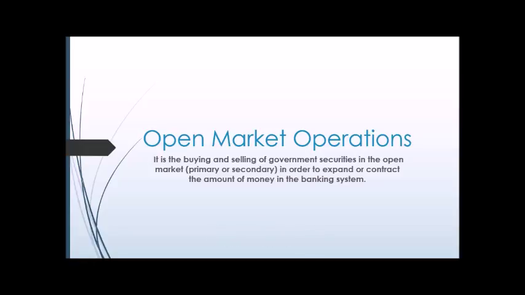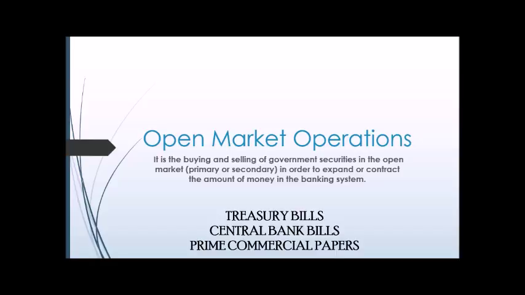Thus, if there is excess liquidity in the system, the central bank will, in a bid to reduce the money supply, sell government securities such as treasury bills. On the other hand, in periods of liquidity shortage, the central bank buys government securities so as to increase money supply. Instruments commonly used for this purpose include treasury bills, central bank bills, or prime commercial papers.